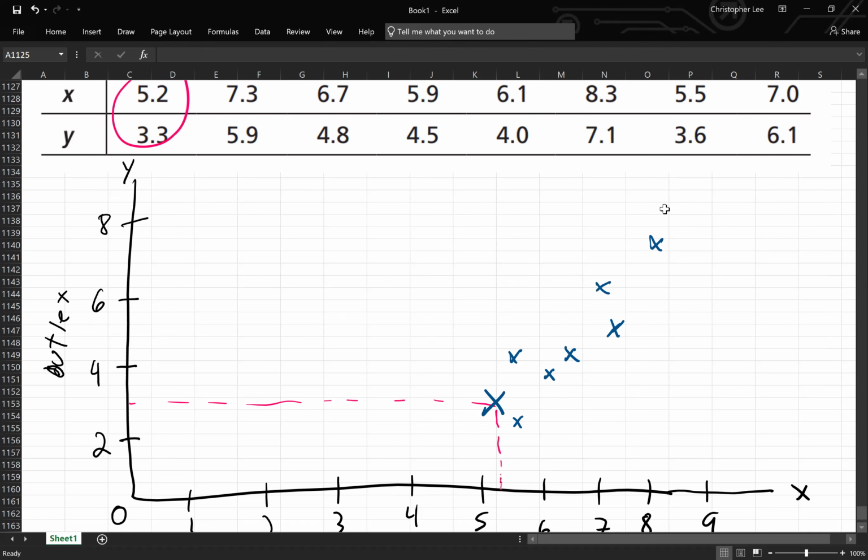All right. The next question that they're going to ask you when you do this graph is, what would you estimate the correlation coefficient to be, like the least square line? Would you think that this graph is positive or negative? They're also going to ask you about zero.